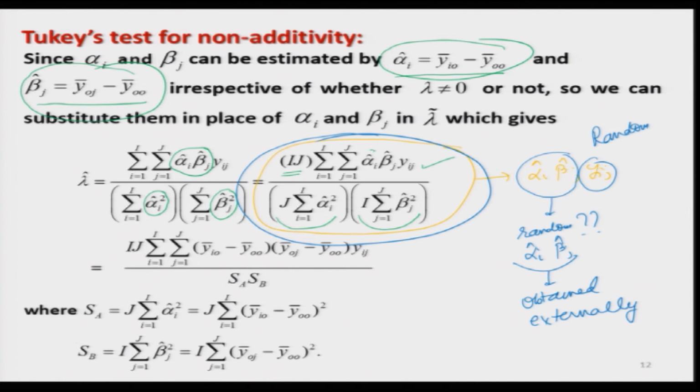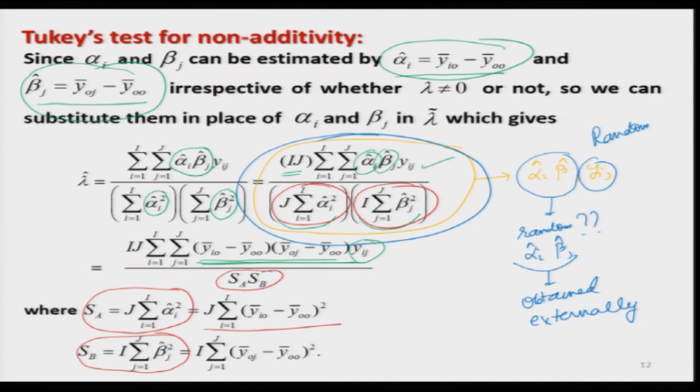I simply replace the values of alpha i and beta j here, and then Yij, and whatever quantities are in the denominator I indicate by SA and SB, where SA is j times summation over i alpha hat i square, which is equal to j times summation over i of y bar i dot minus y bar double dot whole square, and SB is i times summation over j beta hat j square, which is equal to i times summation over j of y bar dot j minus y bar double dot whole square.